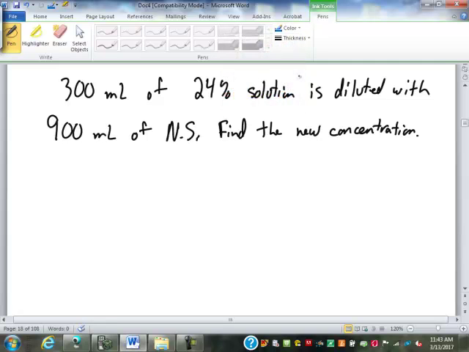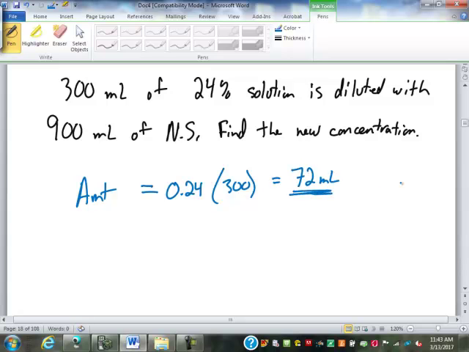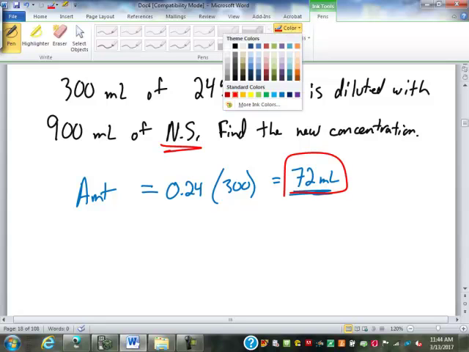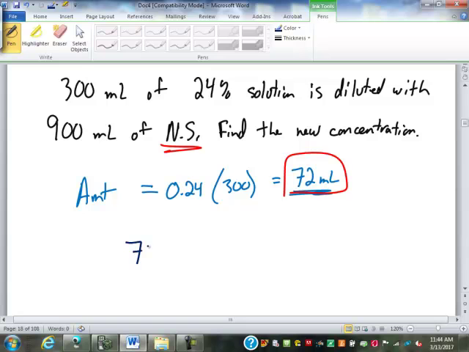So if we look at this, what we had for an active ingredient before, so the amount of serum in here, is 0.24 times that volume of 300, which is 72 milliliters. So that's how much active ingredient we have. Now, if all we're adding to that is saline, the amount of that active ingredient will not change. So we still have 72 milliliters of that active ingredient. We are looking for the concentration.